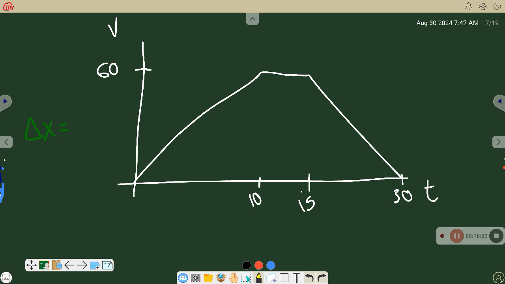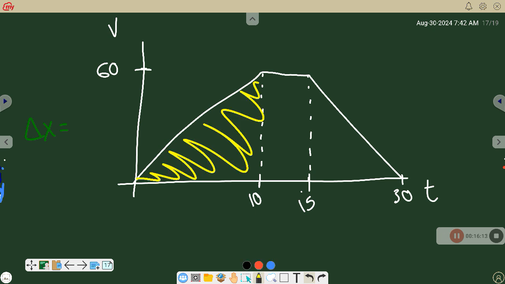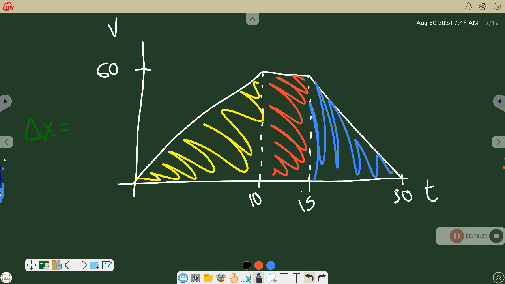I'm going to split this into smaller chunks of shapes that I definitely know the area to. I know the area of a triangle, so I can calculate that. I know the area of a rectangle. I can calculate that. And then this one's just a triangle again. So that's going to make my life a lot easier in terms of figuring out the displacement of this object.